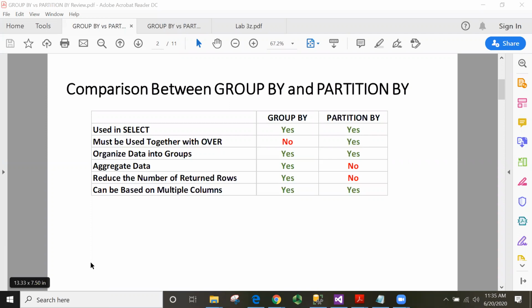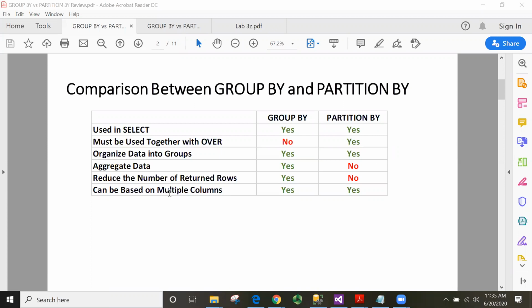We do a data aggregation, a data summarization. So group by can aggregate data, can summarize data, but partition by does not summarize data, does not aggregate data. Big difference, okay, keep this in mind.